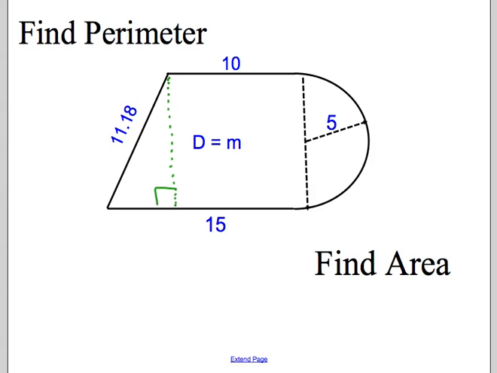Almost. We only need that part of the triangle, don't we? So the whole thing is 15, and the top part is 10. So that would make our missing little chunk here 5.